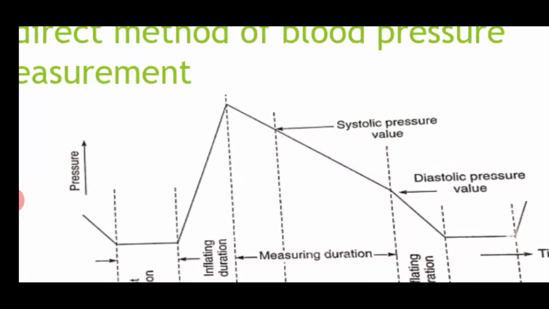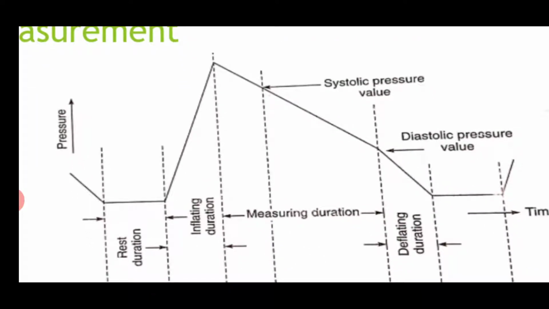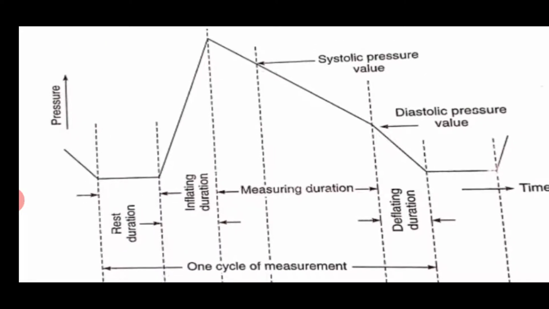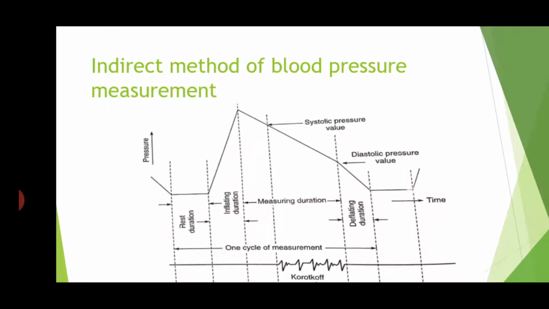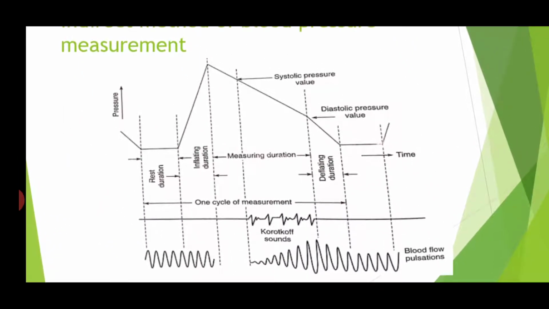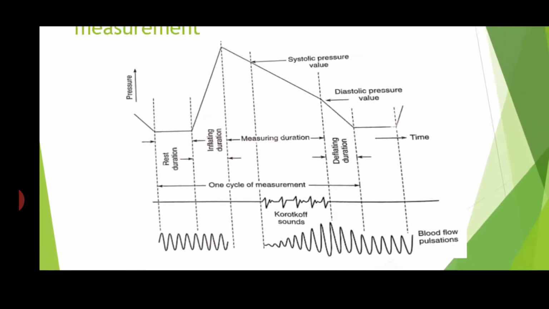At this point the blood flow is totally stopped. Whenever the cuff pressure is above the systolic pressure, blood flow through the artery is stopped. After that point, we are getting the normal blood flow here.